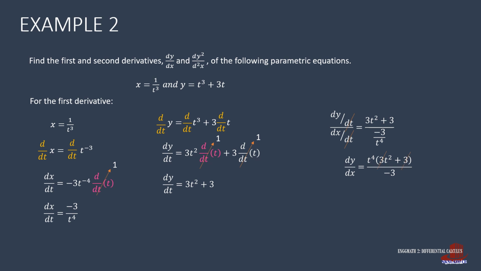The 3's cancel out, giving negative t raised to 4 times the binomial t squared plus 1. Let's distribute negative t raised to 4 into the terms in the binomial to keep a simple polynomial for the second differentiation later. Dy over dx then is negative t raised to 6 minus t raised to 4.